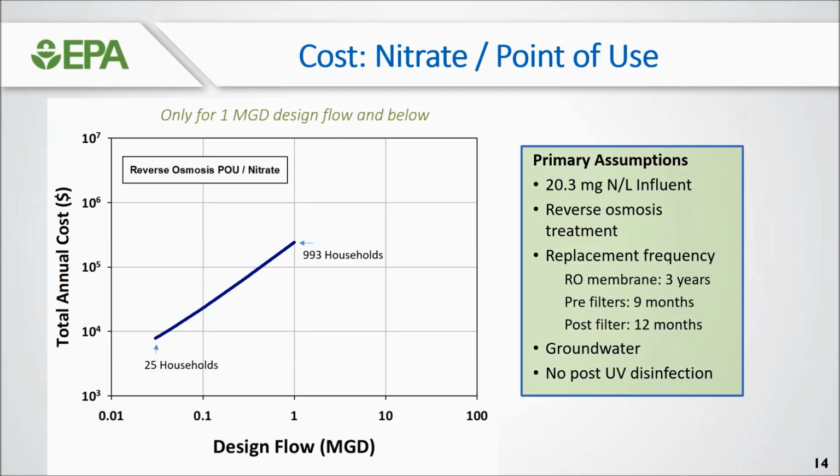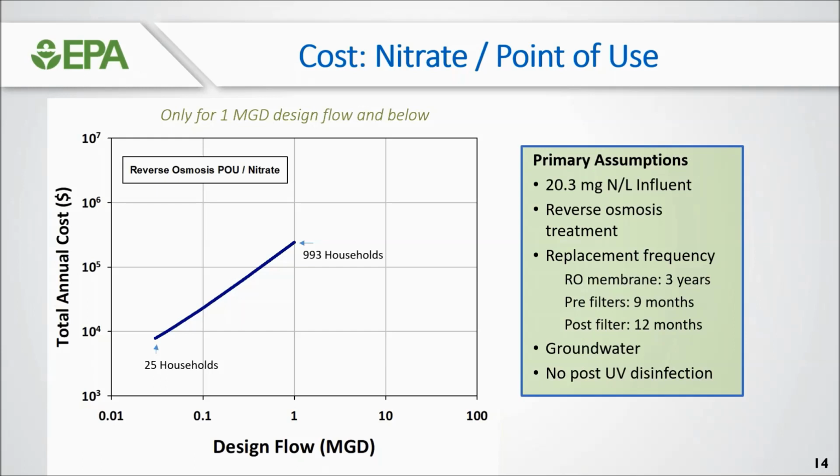Now, these are the same assumptions for nitrate control using point-of-use membranes, and it's the same total annual cost versus design flow. The design flow only goes up to 1 million gallons a day because at about 1,000 households, that's where it gets very tricky to use point-of-use.